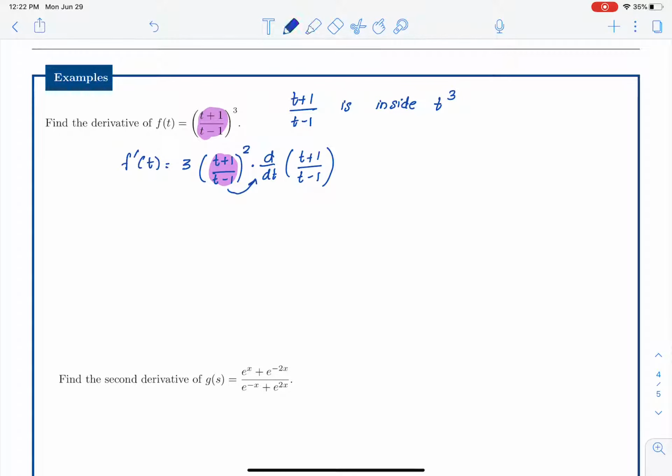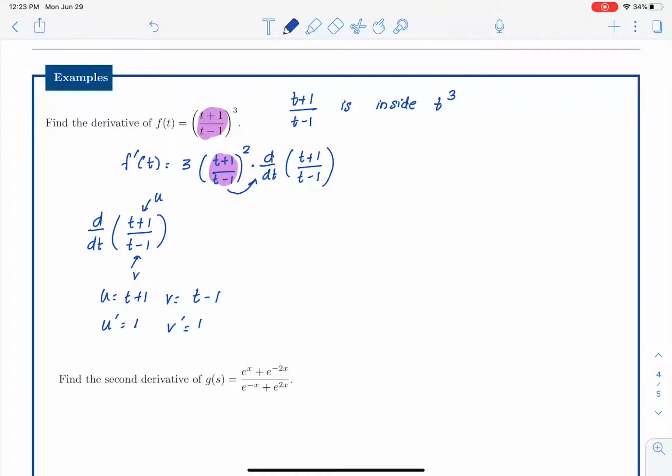So let me do d over dt of t plus 1 over t minus 1 separately. We need to use the quotient rule. Numerator is u, denominator is v. u prime would simply be 1 and v prime would be 1.